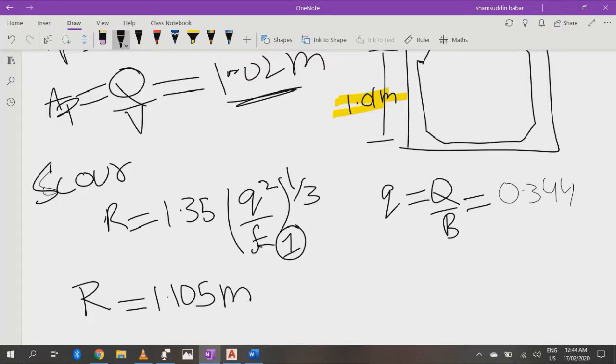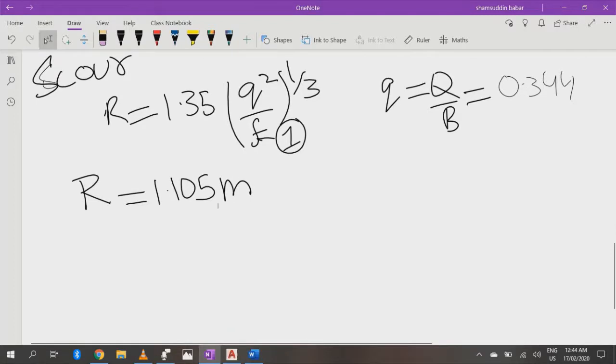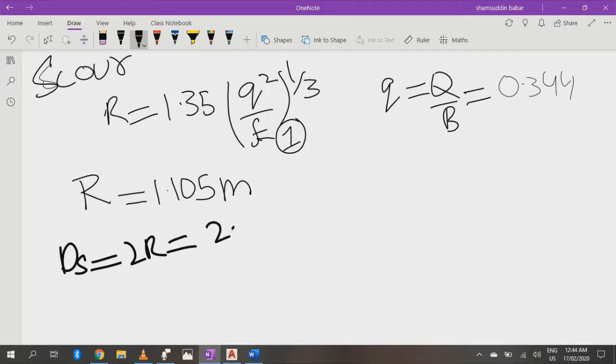Now as we are designing for the worst conditions, we are taking the scour depth, ds, equal to 2 times R, and this becomes 2 multiplied by 1.105, which is equal to 2.21 meter.